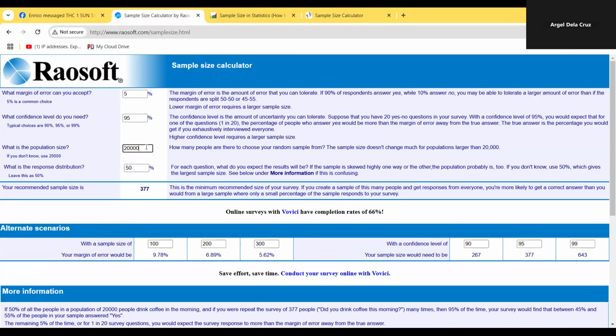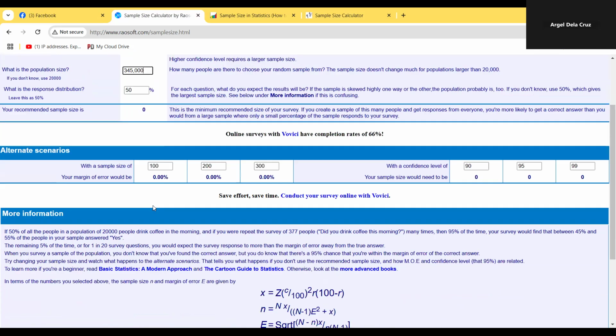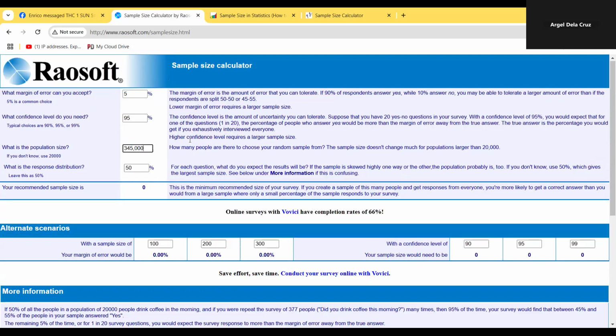Let's say your population is now roughly 3,400 tourists. So what is the response distribution? Response distribution basically, you just have to leave 50 if you don't know, no. So it talks about the bell curve and then enter the information, then it will reply to you.